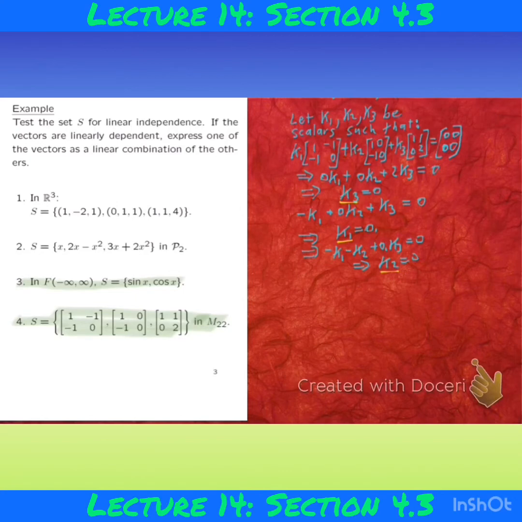All right, so therefore, hence S is linearly independent. We've solved our scalars, so that set is clearly linearly independent.